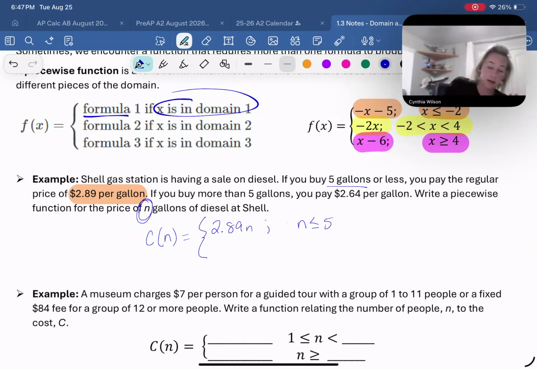So that means it has to be greater than 0. We have to buy something. I can't buy nothing. So it has to be greater than 0 as well. Now I'm not going to say equals zero because if you're going to get gas, you're putting something in that tank, right? You're not putting nothing.